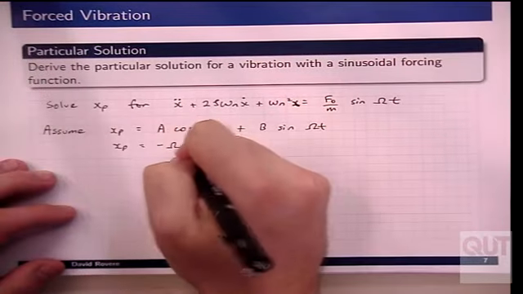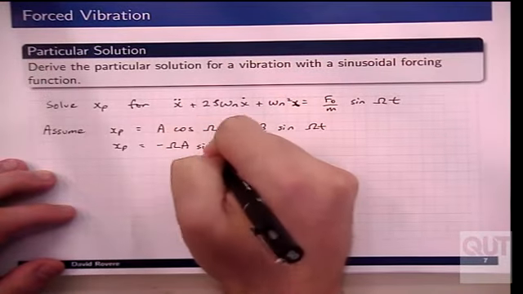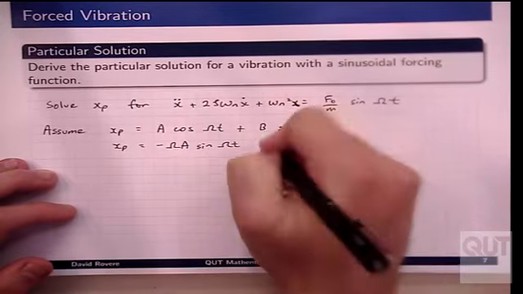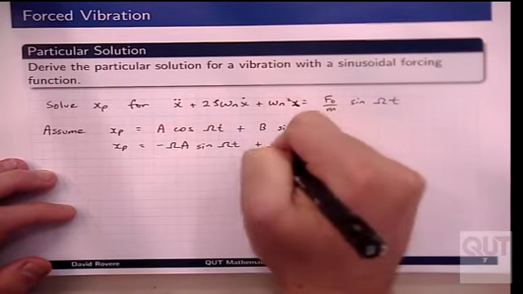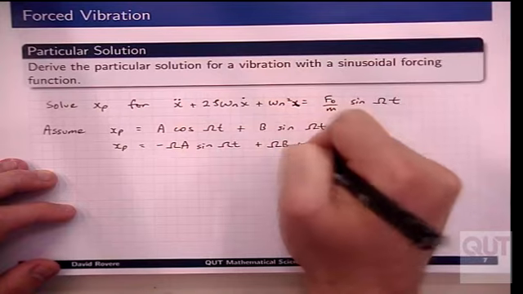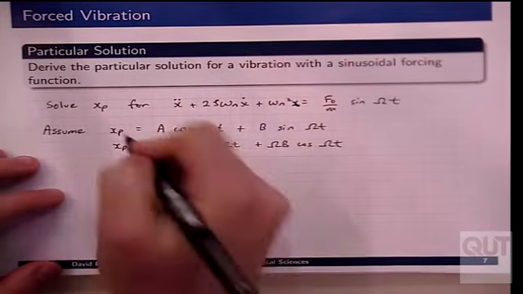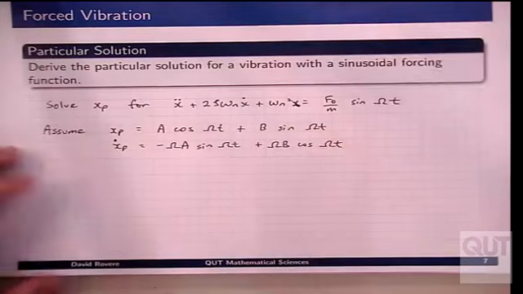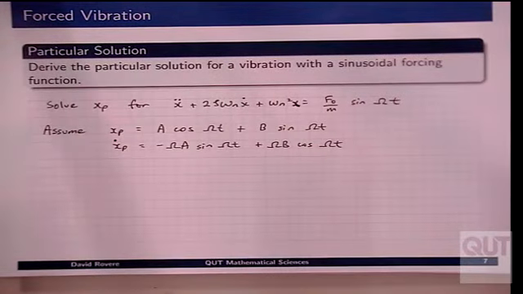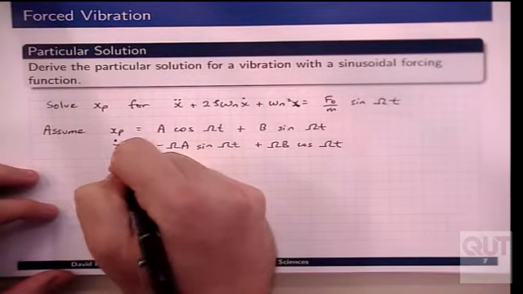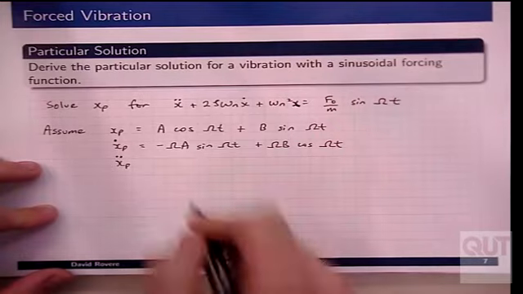We'll have to use the chain rule since we've got a linear function inside of a trig function. So that's our xp dot term right there. I've just derived xp with respect to time using the chain rule. And then we want to derive that once more to get the second order derivative of xp.